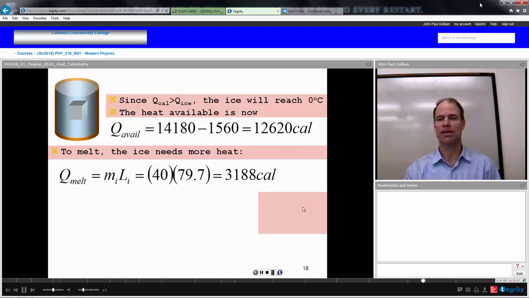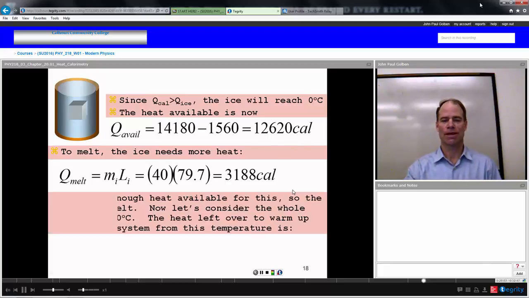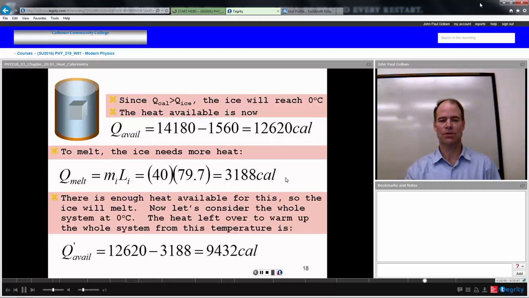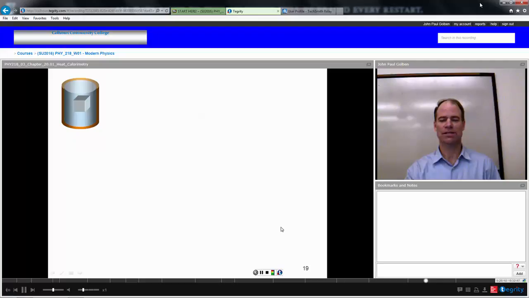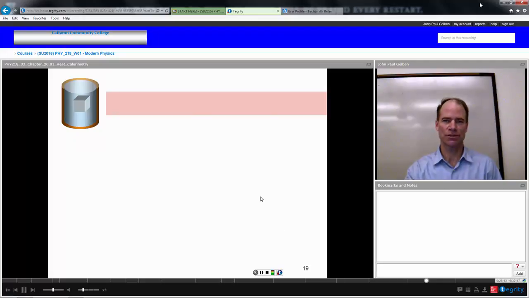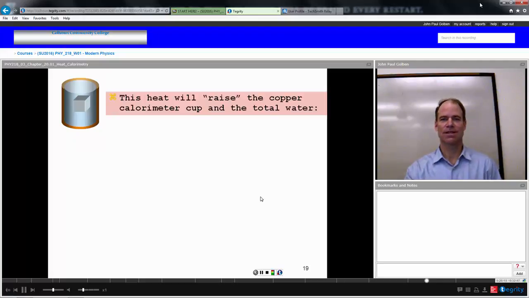We have that much energy available. So we're going to subtract that from this 12,620, and we still have available to us 9,432 calories. So the ice melted, and now that's water at 0 degrees Celsius as well.